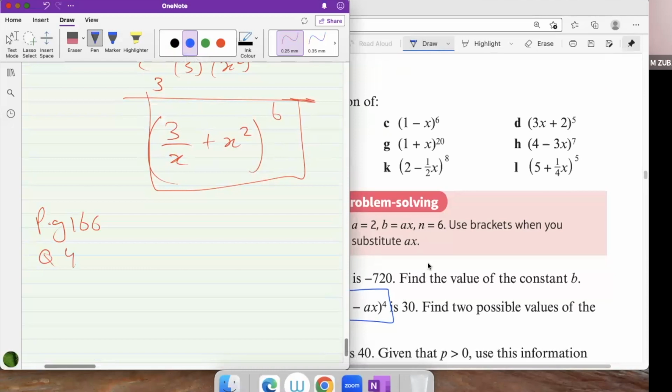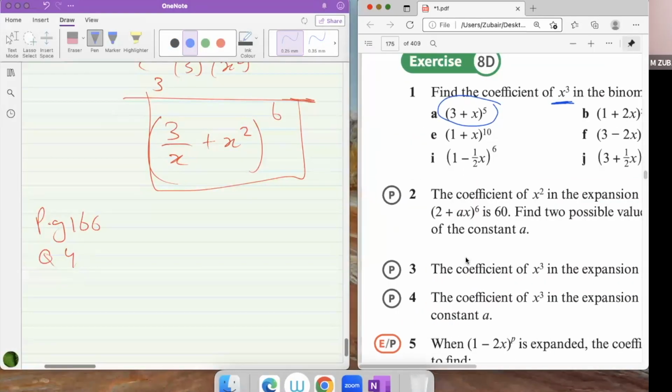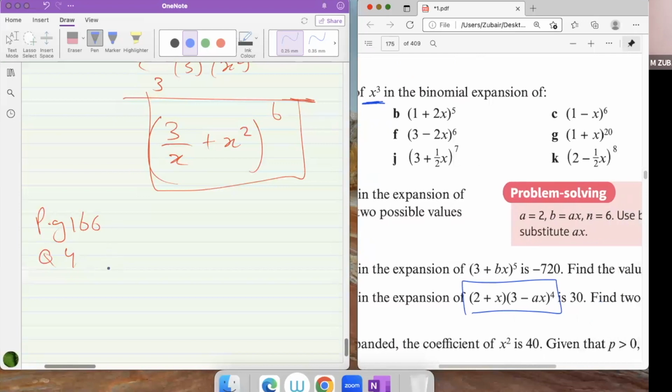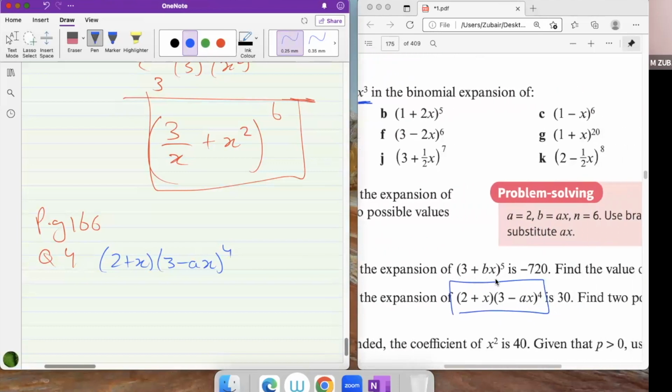And it says, (2 plus x) times (3 minus ax) power 4. It says the coefficient of x cube is 30, like 30x cube.